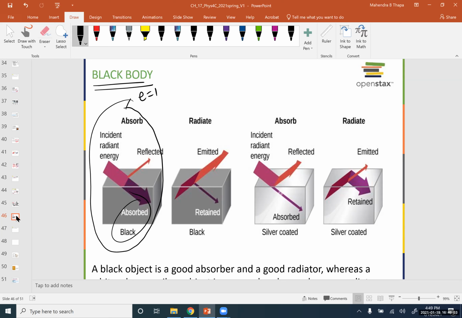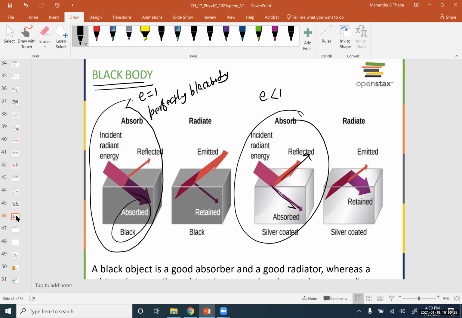In the other scenario, if you incident the heat, some part gets reflected and some part gets absorbed. So it is not going to absorb everything, and the E value is less than 1. Those substances which completely absorb heat are called perfectly black bodies.